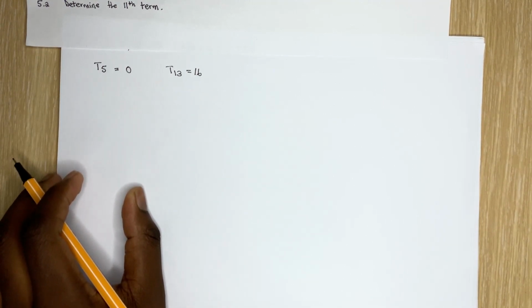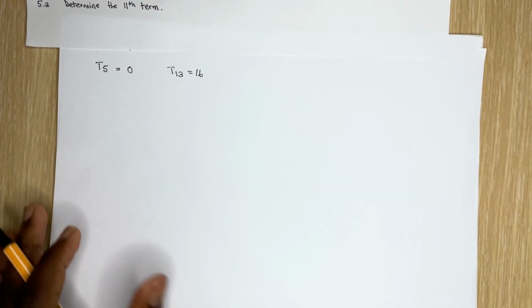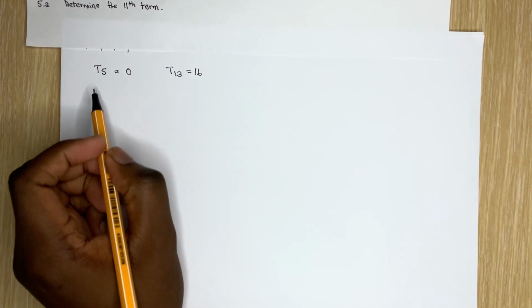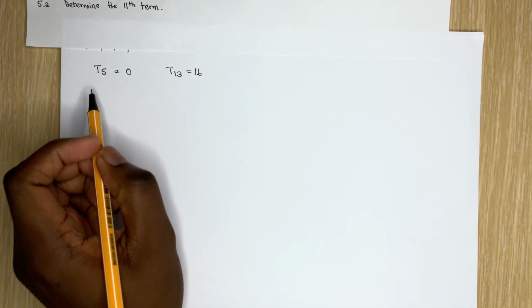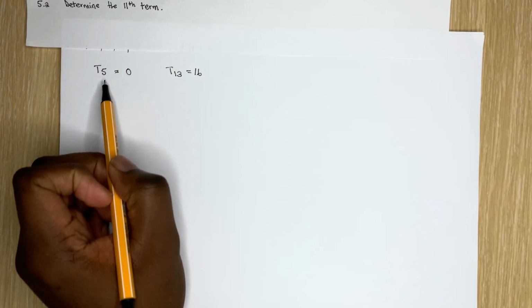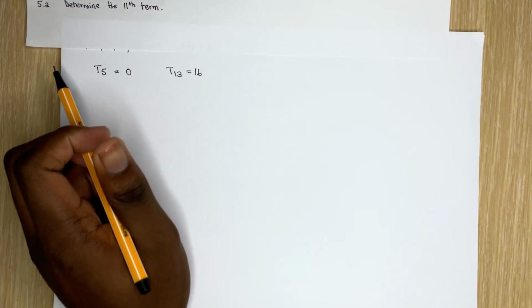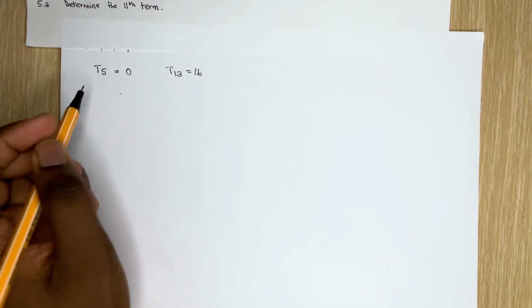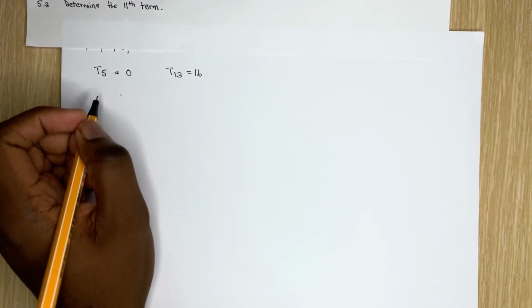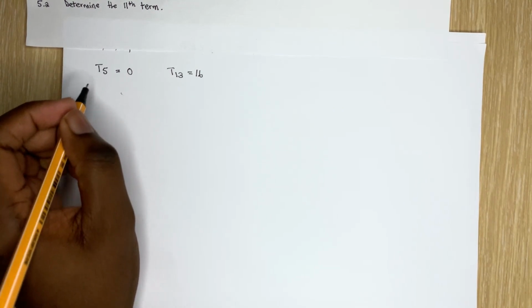We are supposed to determine the common difference, and we know the common difference is the number between two consecutive terms in an arithmetic sequence. However, we know that 5 and 13 are not really consecutive. So what we can do is try to find a general equation for our given terms.